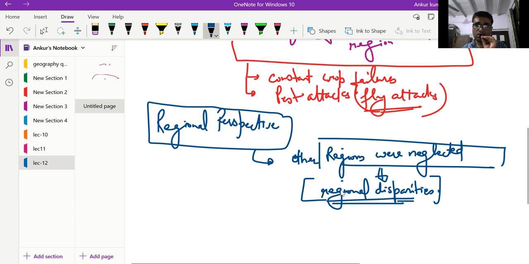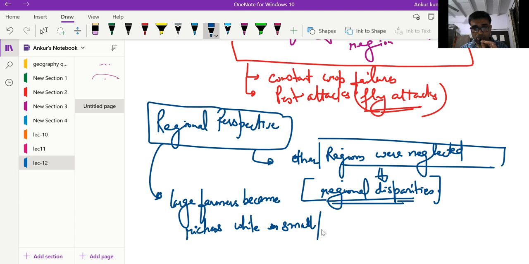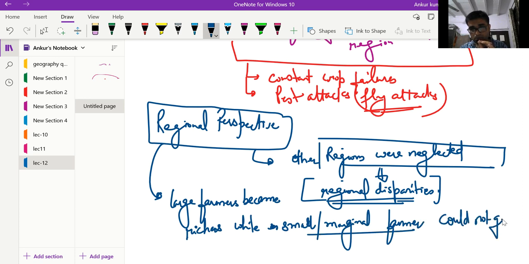In addition to the increase in regional disparities, the large farmers became richer while small and marginal farmers could not get the benefits of this program.